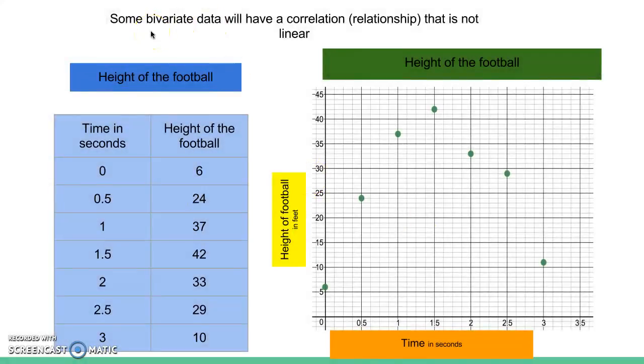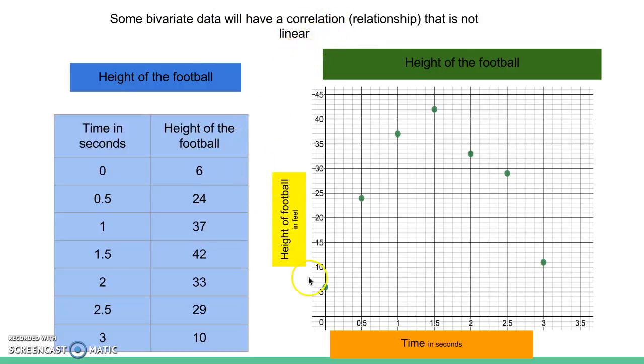We're basically this year going to be doing a lot of linear equations and collecting data that tends to be linear. However, a couple times we'll be collecting data that's not linear, but that still has a type of relationship. So this has a correlation, it's just not going to be linear.